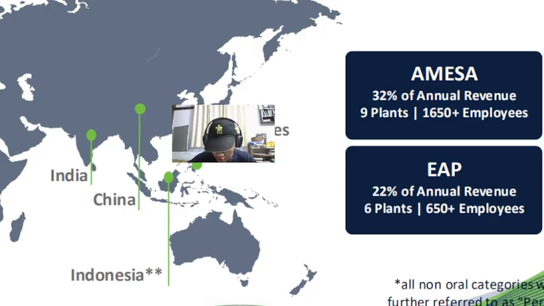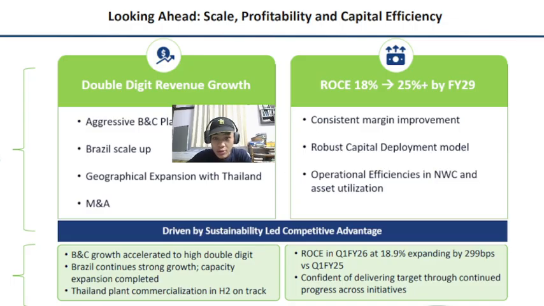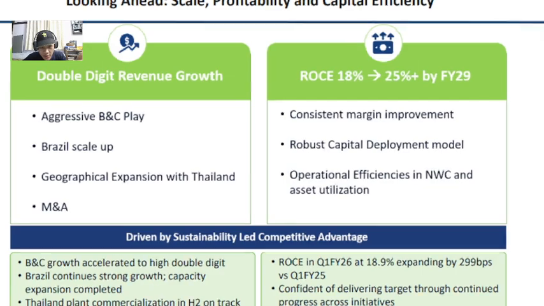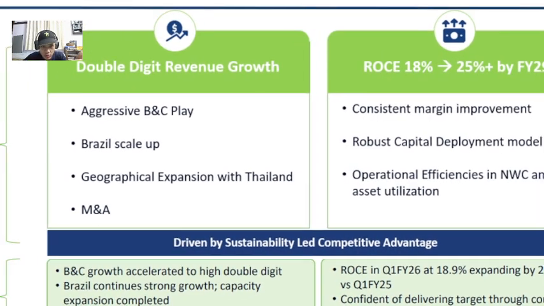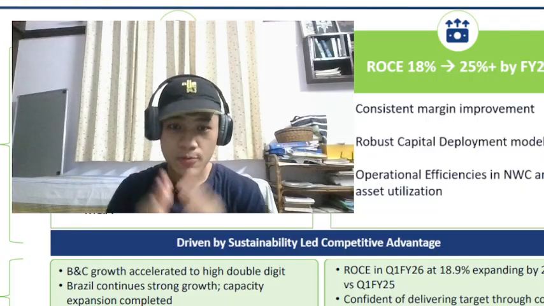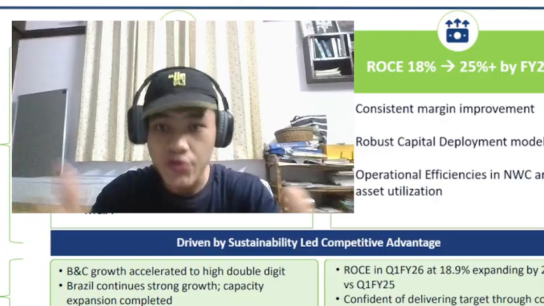We looked at the position, and now let's look at the future, looking ahead. What are its aspirations, its targets? So looking ahead, scale, profitability, and capital efficiency. So one is double-digit revenue growth. Now we saw that the revenue growth was like 6% over the last 10 years.